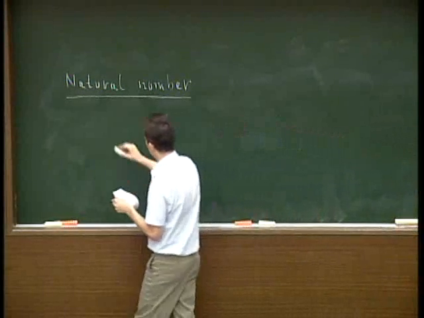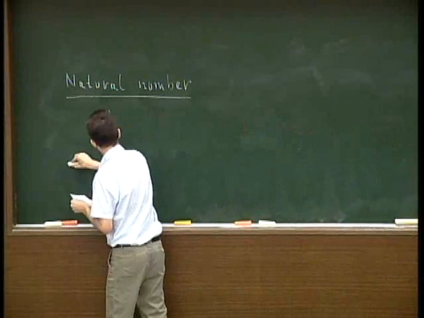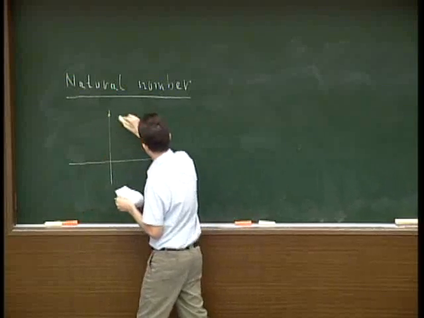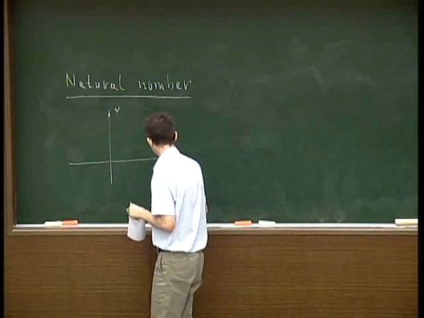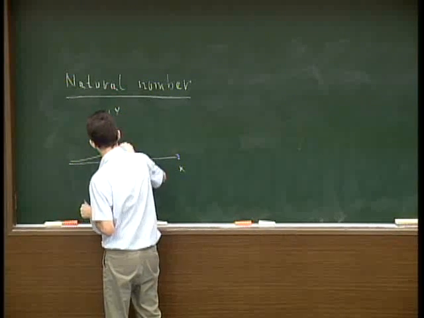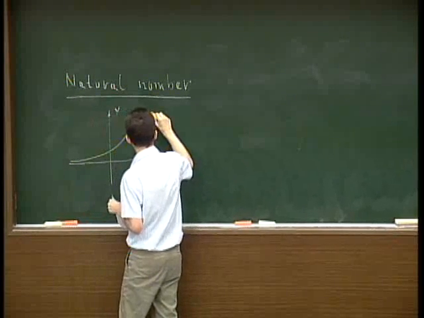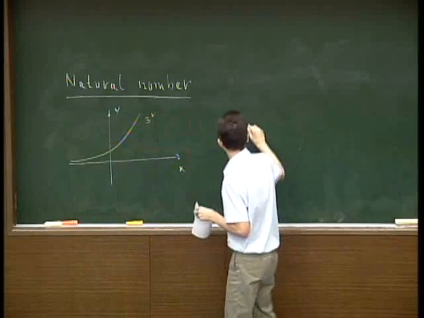But if you consider the function 3 to the x, it might look like this here. So this is 3 to the x. And you consider the function 2 to the x.